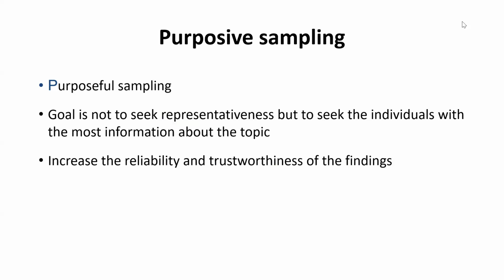Now, the goal here may not be representativeness as in a probability sample, but there will be some underlying reason why you are choosing some individuals or some units in your sample and not the others. And if you are able to articulate that reason properly in your methodology, that increases the reliability and trustworthiness of the findings in qualitative research. That is, on what basis, what is the rationale, and what is the reason that you have chosen some people or some units in your sample. Are you understanding the basic difference between convenience sampling and purposive sampling?